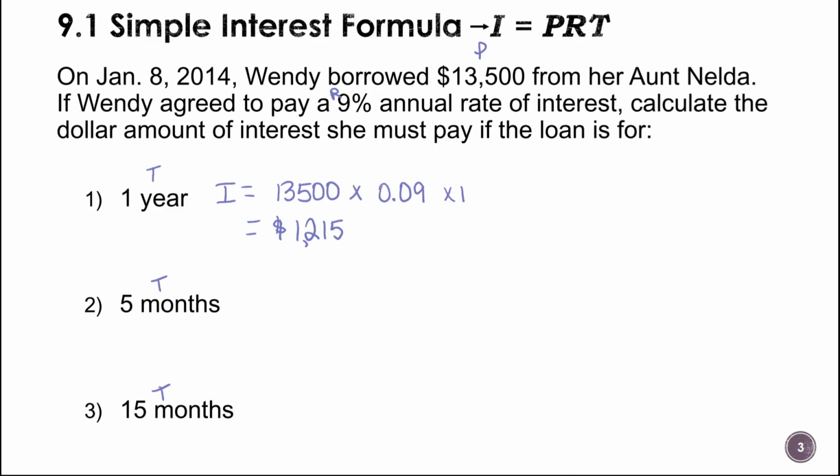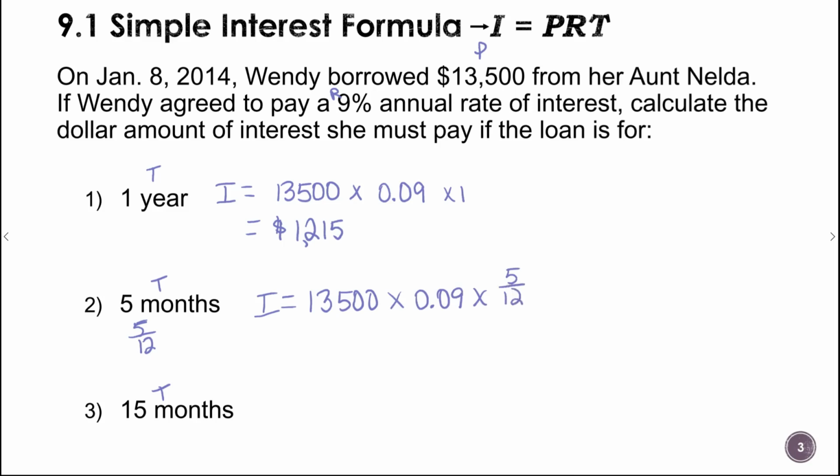On the next one, notice it's 5 months. 5 months is a portion of a year, so we're going to write that as 5 over 12 to put into our formula. We still have 13,500 times our interest rate times 5 divided by 12.